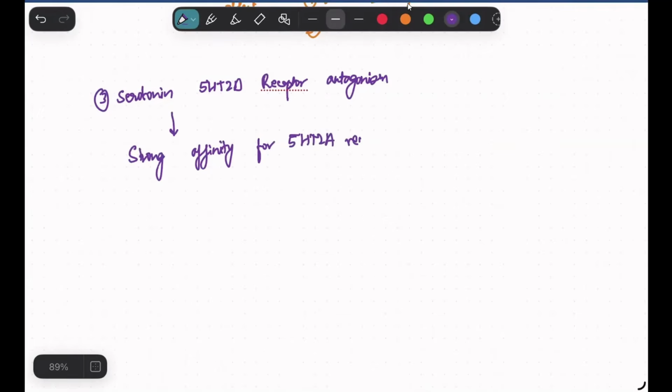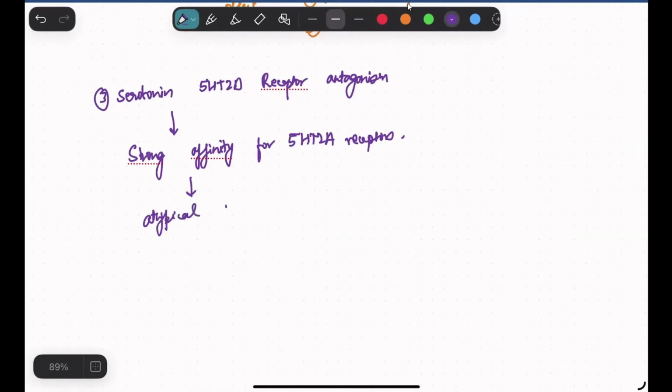So this is also a key part of the atypical antipsychotic profile. Through 5-HT2A receptor antagonism, it also decreases the EPS.